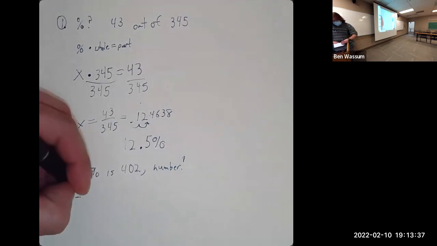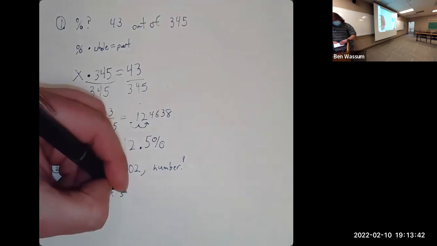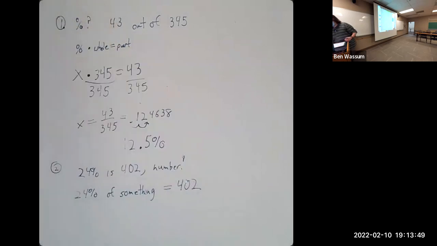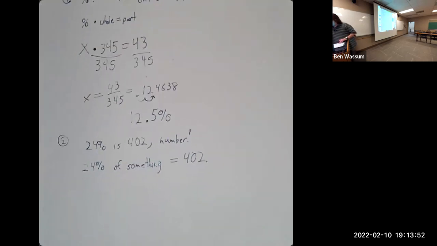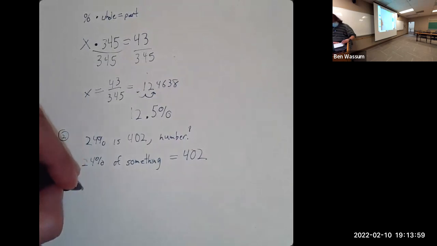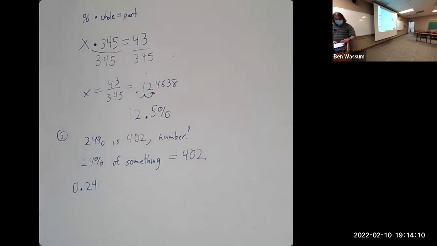So we have 24% of something is 402. So I can convert this guy to a decimal. It just moves over twice, right? So it'd be 0.24. Normally you want to put a 0 in front, something I'm very guilty of not doing every time.